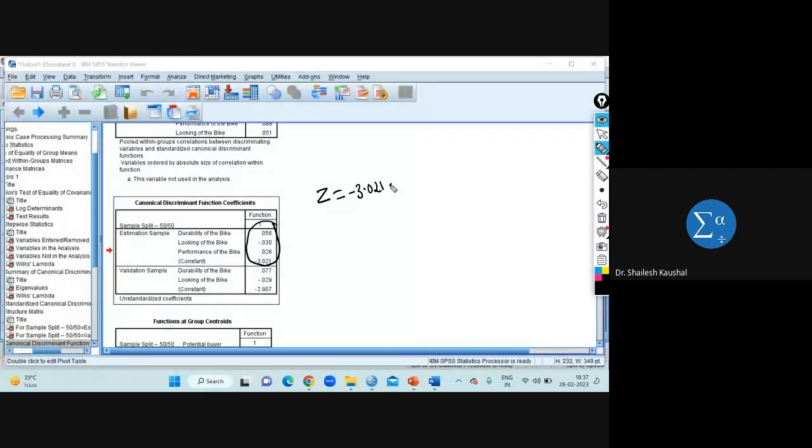durability. And what is the discriminant weight? Durability, minus 0.056 into durability, plus performance, 0.026 into performance, minus 0.030 into looking.